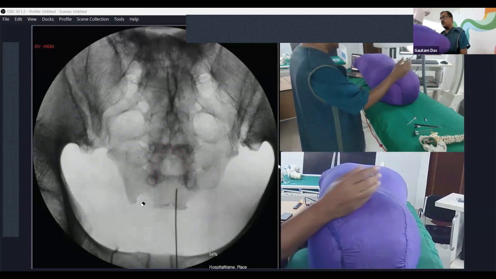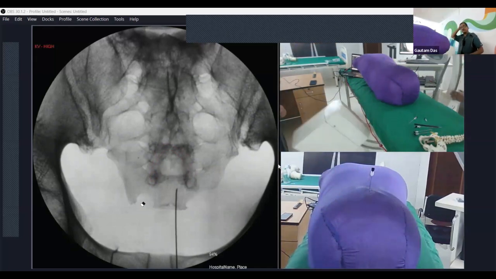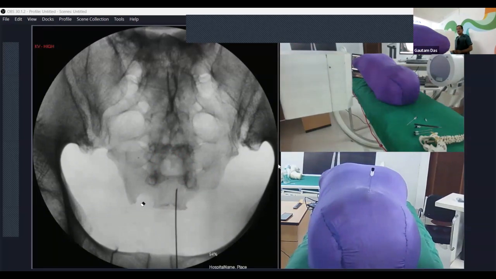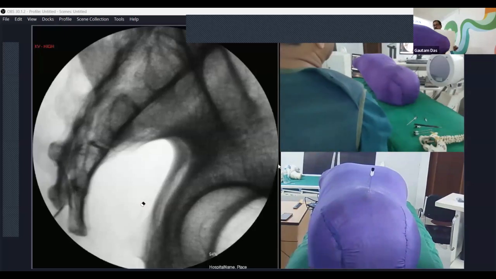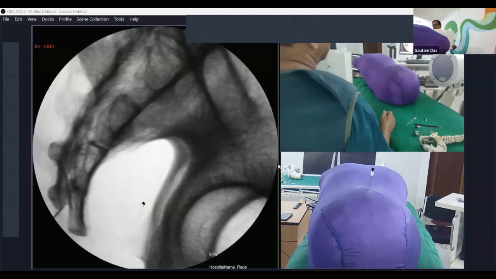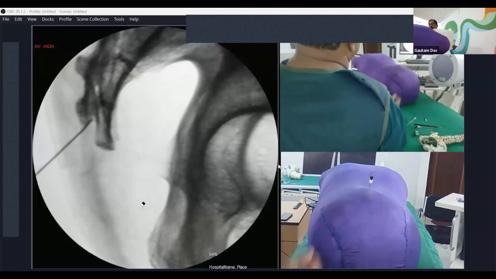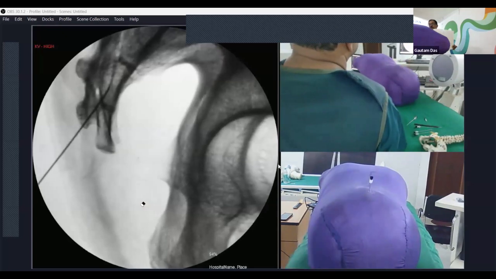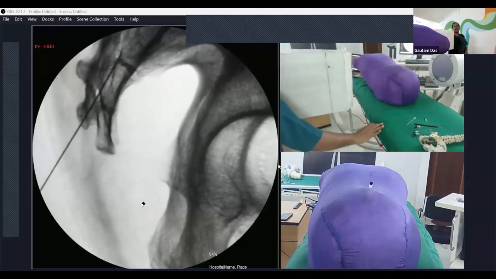Okay, now we'll be going lateral view. So I'm into the hiatus, into the sacral canal.